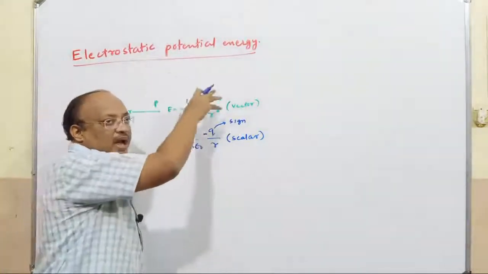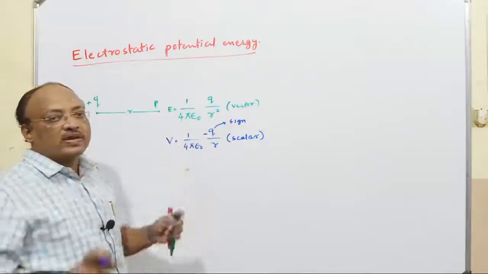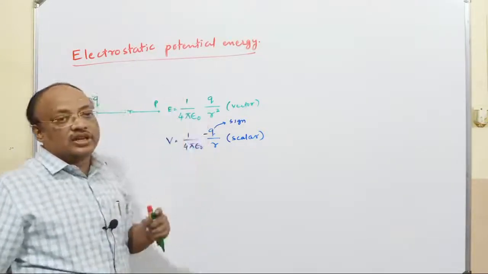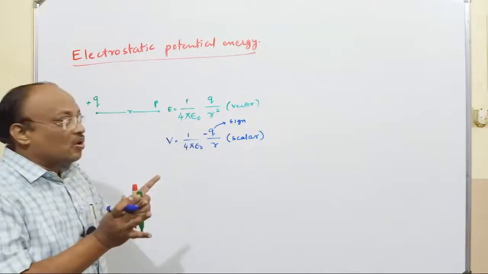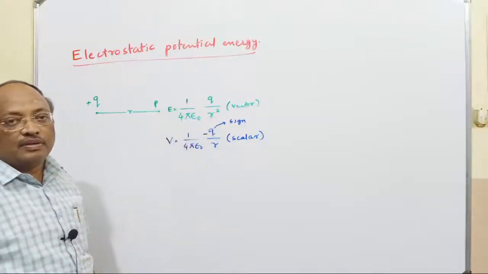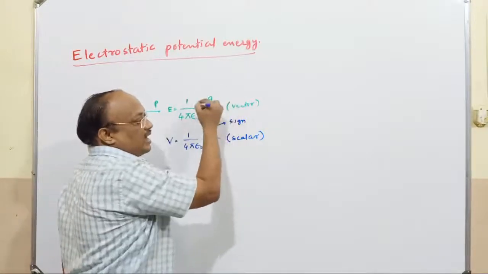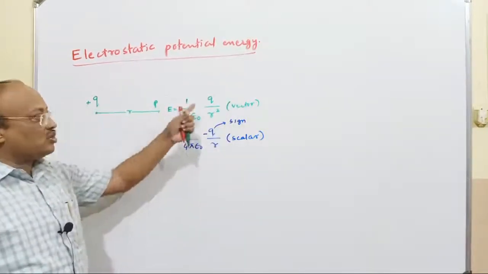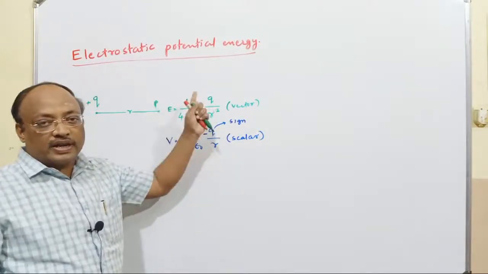You find the magnitude, and the direction depends on whether they attract or repel. So we were not taking the sign there.